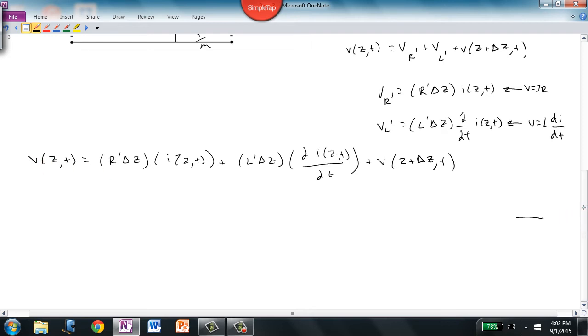KVL statement. And what we'll do now is we'll just convert it, to make it a little simpler to write, over to phasor form.